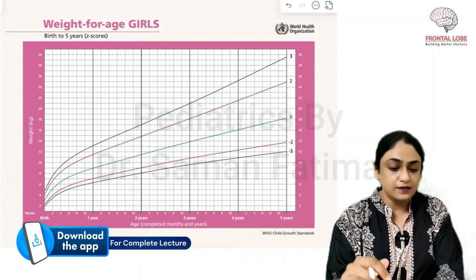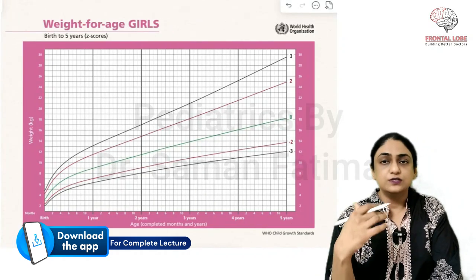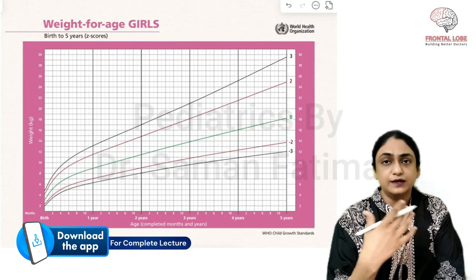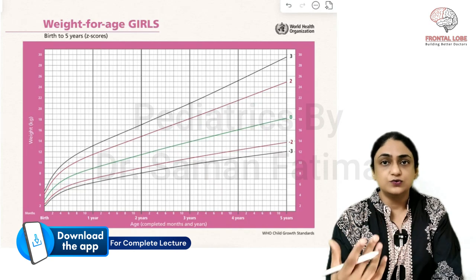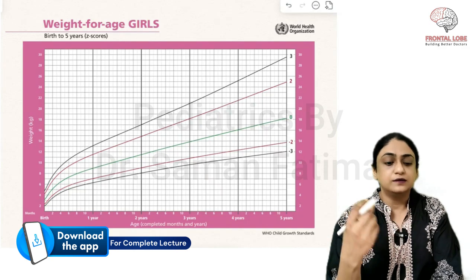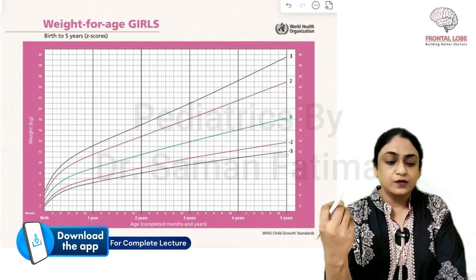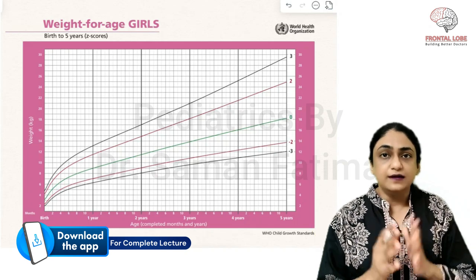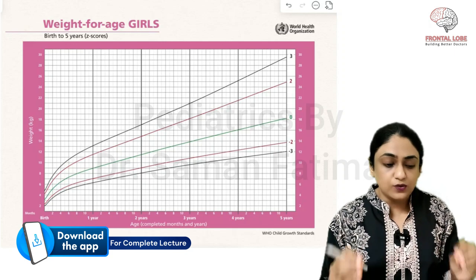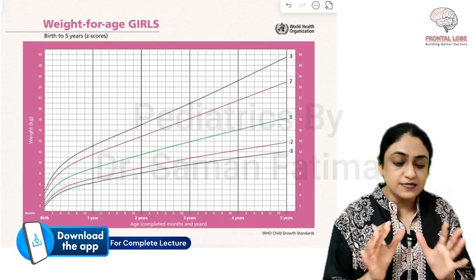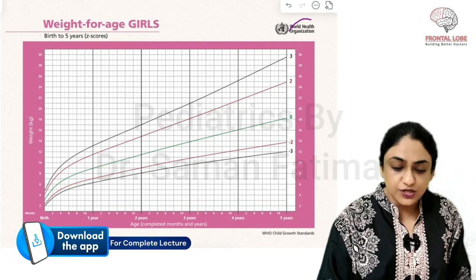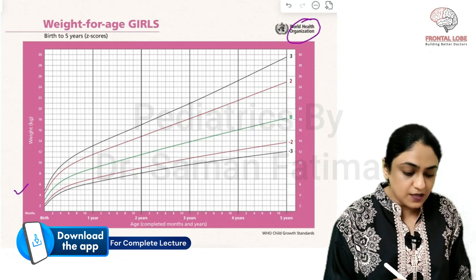Suppose a mother comes to you, you are a pediatrician, and she wants to know whether her child is growing normally or not. So we have standard charts. As you can see on this screen, we have a standard WHO growth chart. It is for girls. How do you know?